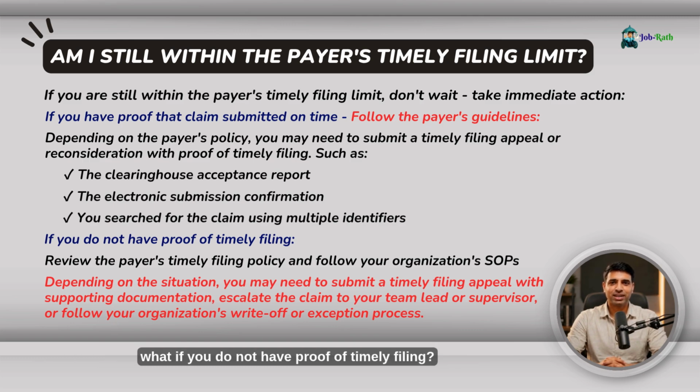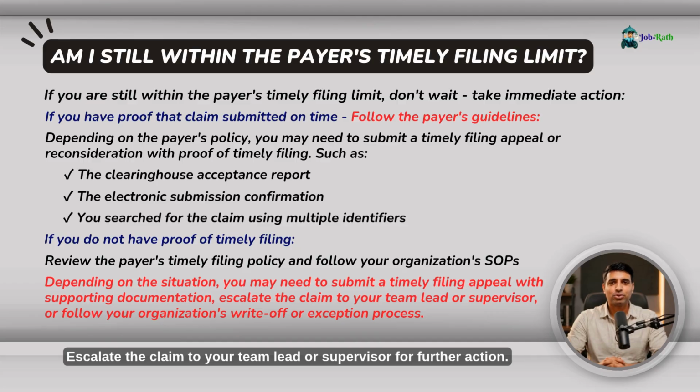But what if you do not have proof of timely filing? In that situation, review the payer's timely filing policy and follow your organization's standard operating procedures before taking any further action. Depending on your organization's internal SOPs, you may need to submit a timely filing appeal with any available supporting documentation if appropriate.